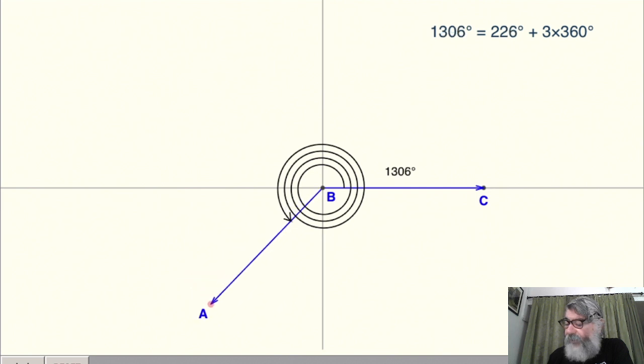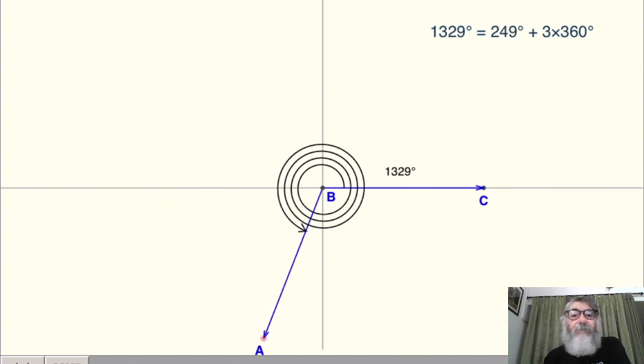Suppose I come down here, I get the value 1329. Again corresponding to tan and cot will be positive and the remaining sine, cos, sec, cosec will be negative. Now this goes further.